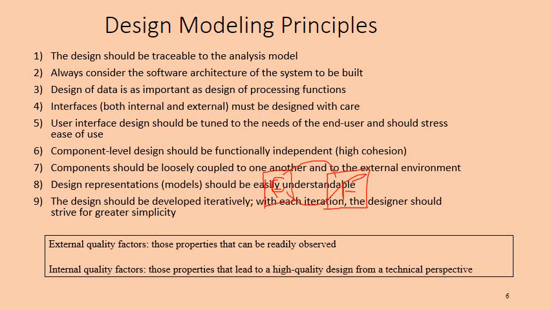So when you are following all the principles, you create a design that will exhibit both internal and external quality software. Got it? So this is all about the modeling part. Inside the modeling part, we discussed both the principles, modeling principle and design principle.